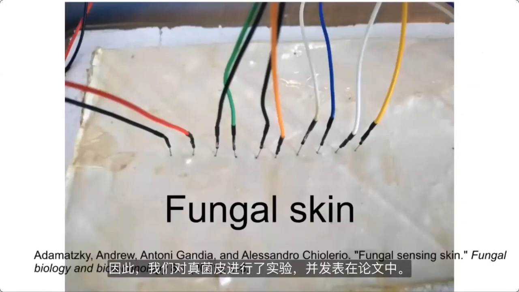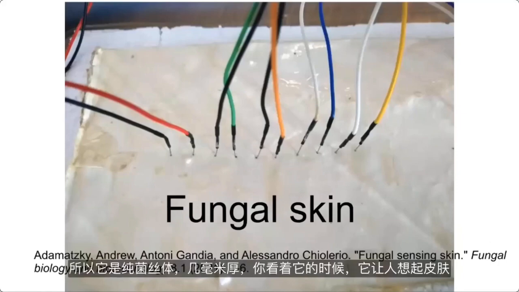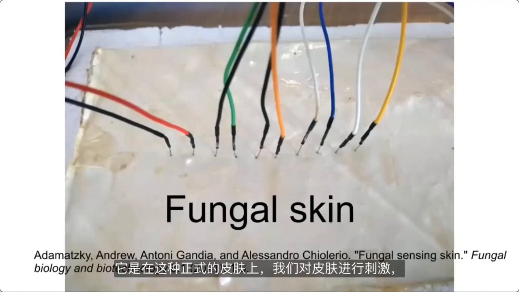So we have done experiments with fungal skin, published in the paper referred to here. Fungal skin is a mycelium grown on liquid culture. Basically it's a pure mycelium, several millimeters thick, and it resembles skin, even when you look at it.